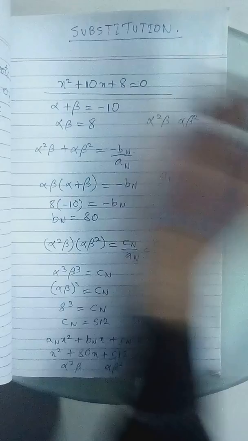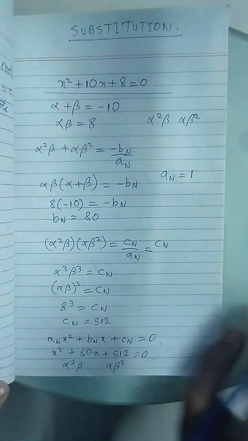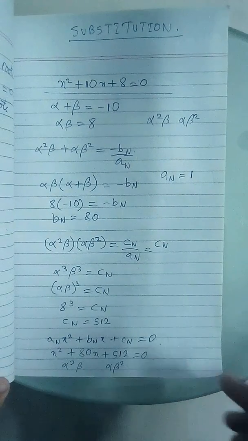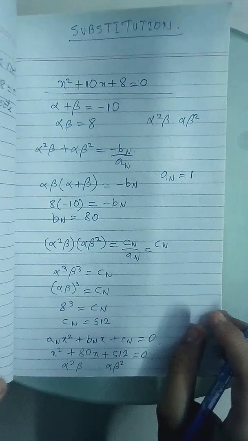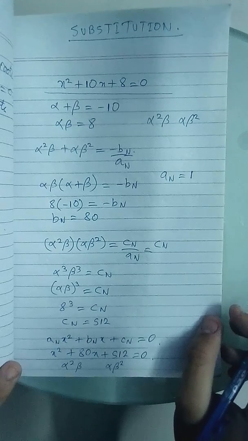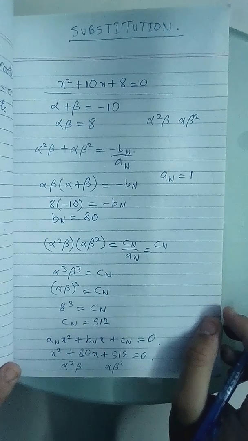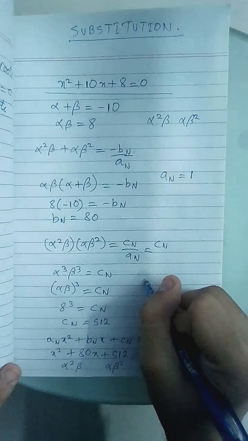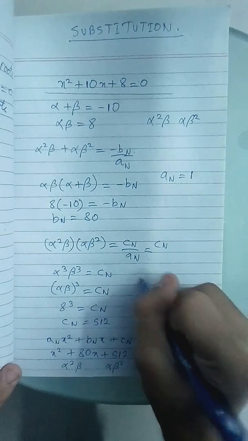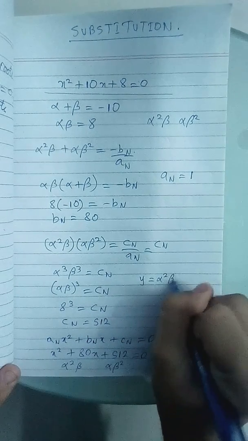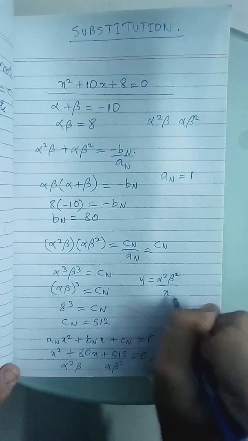For the people who know the basics of this method, we can take the expression y equals alpha square beta square over x.